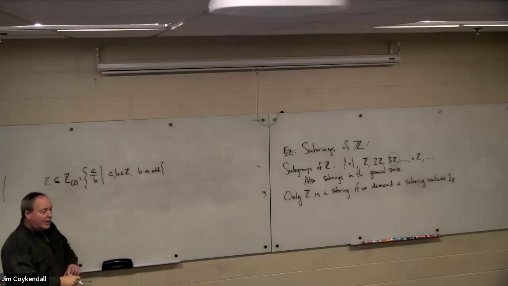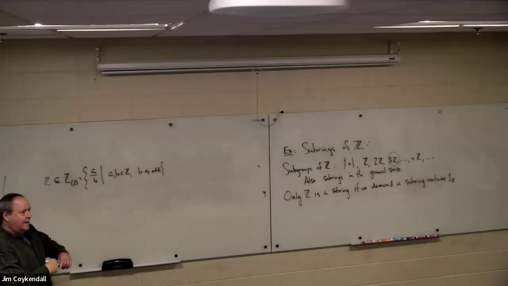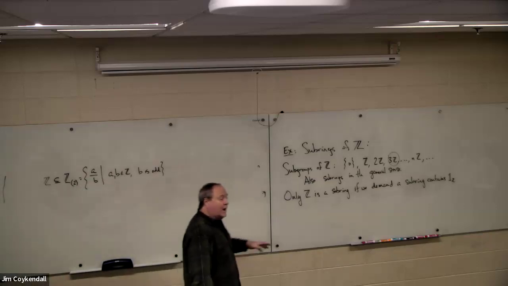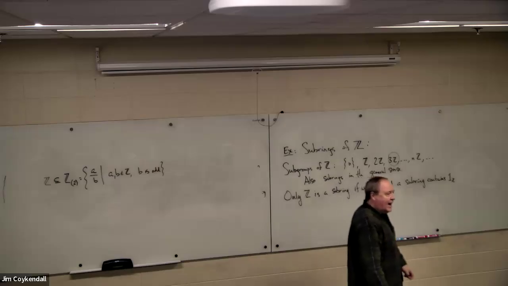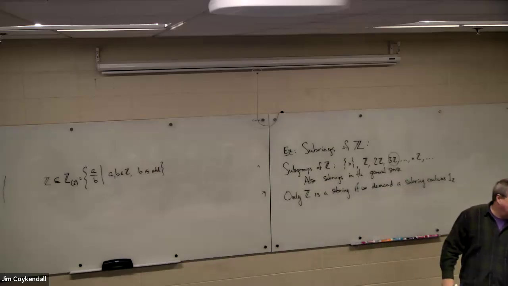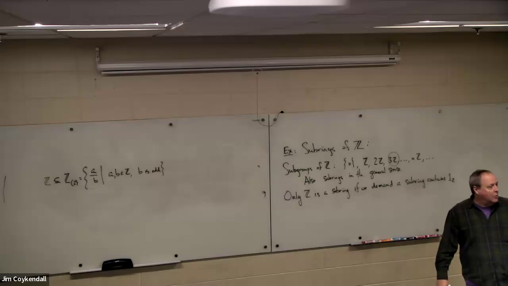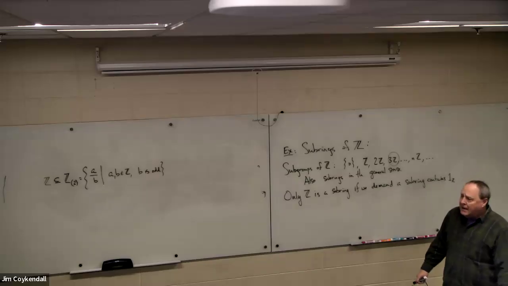Here's a ring you may never have thought of before. This is all the rational numbers that have an odd denominator, right? Notice that every integer is one of these, because every integer, call it K, can be written as K over 1.